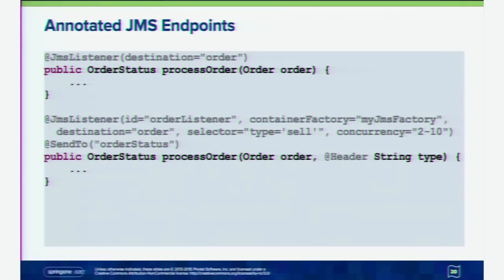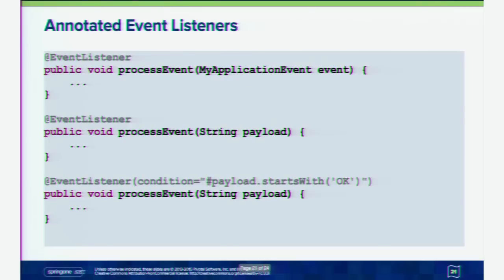So the same kind of design model, very similar not only to the general Spring Component model ideas, but also to, for example, Spring MVC endpoints or STOMP endpoints on WebSockets.